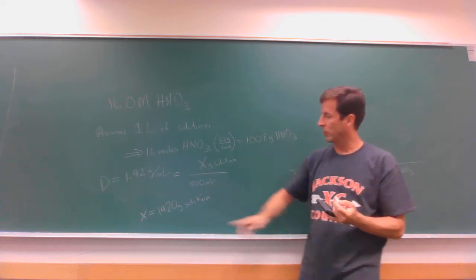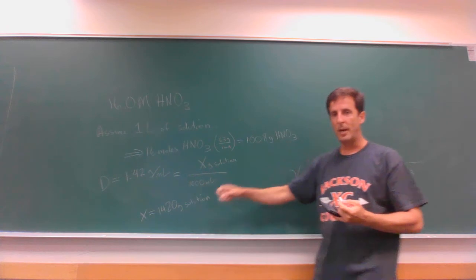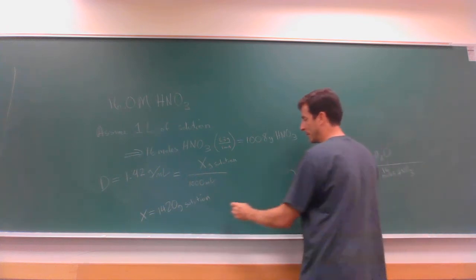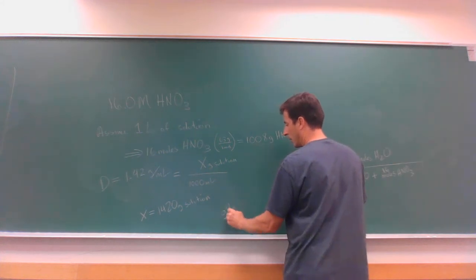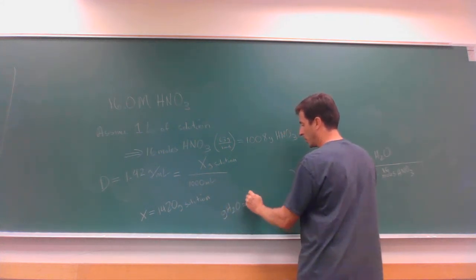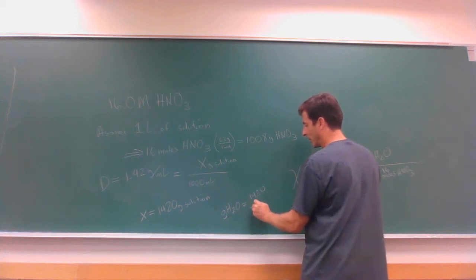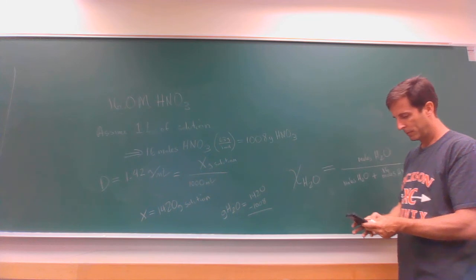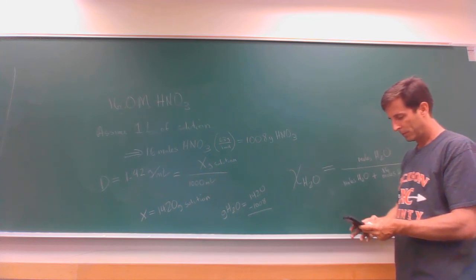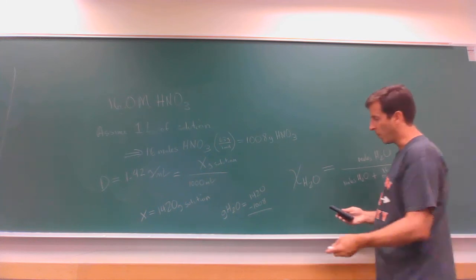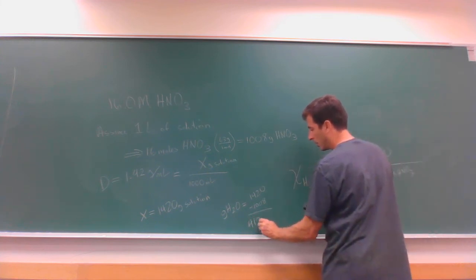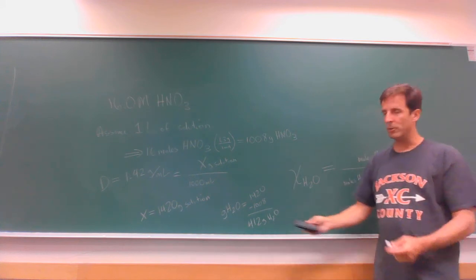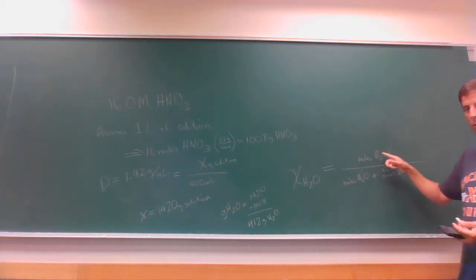So now the solution weighs 1,420 and the nitric acid weighs 1,008. If I subtract those two, the grams of water is 1,420 minus 1,008, which is 412. So I have 412 grams of water, but I need the moles.